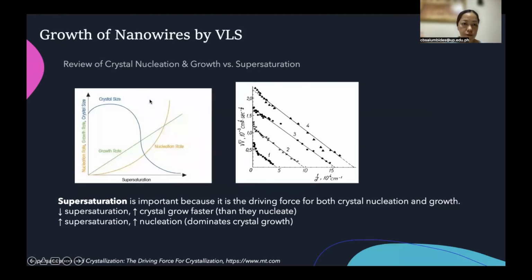So it means in the figure here, at lower supersaturation, crystals can grow faster than they nucleate and would result in a larger crystal size distribution. And at higher supersaturation, crystal nucleation dominates the crystal growth, ultimately resulting in smaller crystals.